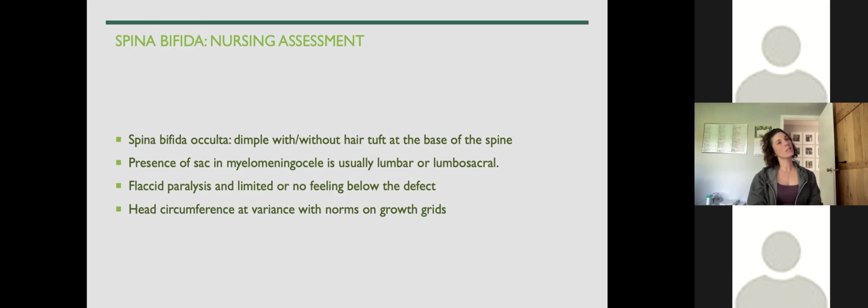You can also see flaccid paralysis where they just have no movement at all, or they will be limited below that defect. So typically it just happens below the defect. They'll have control over their upper extremities, but they won't have any control over their lower extremities. And then depending on whether or not they have hydrocephalus as well, will dictate whether or not your head circumference is normal.